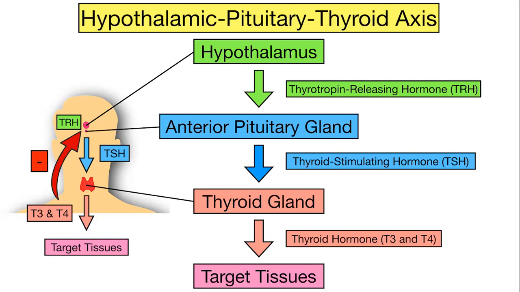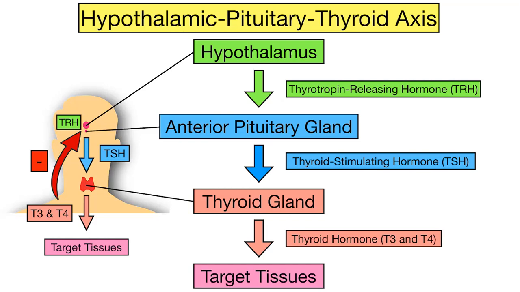Now, this thyrotropin releasing hormone in turn acts on the anterior pituitary gland, stimulating it to produce another type of hormone we call TSH, or thyroid stimulating hormone. Thyroid stimulating hormone has a specific receptor to which it binds, and that is found in the thyroid gland.